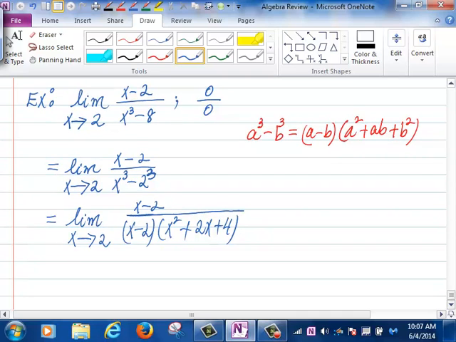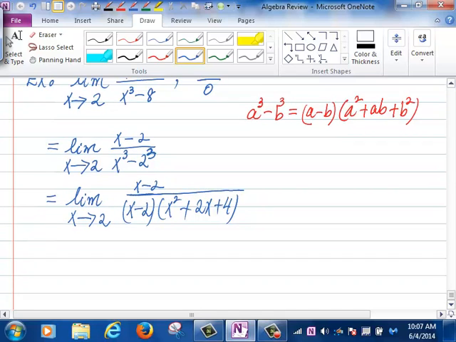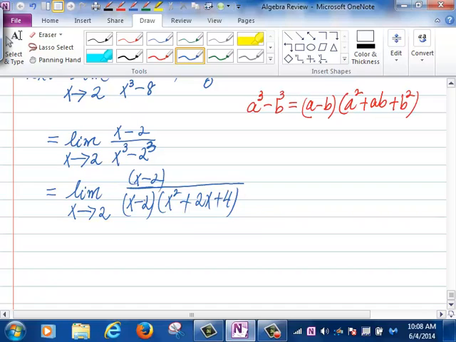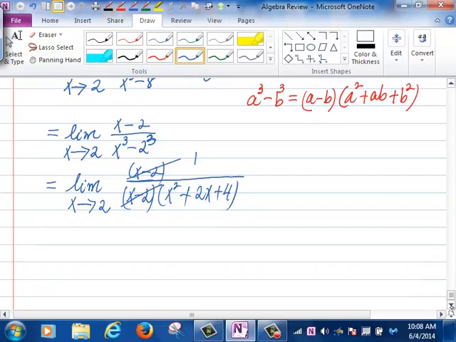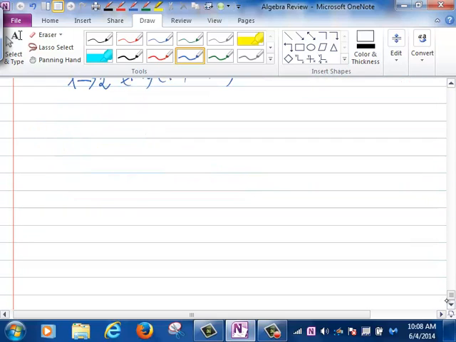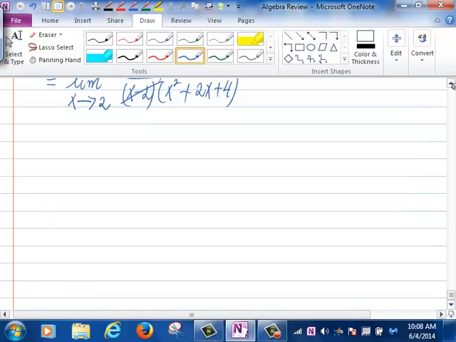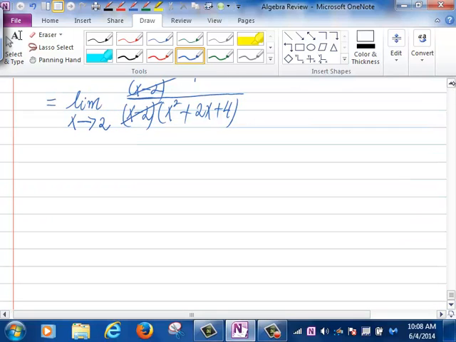And now I can cancel out the x minus 2s. After I cancel out, what I get is the limit as x goes to 2 of 1 over x squared plus 2x plus 4.